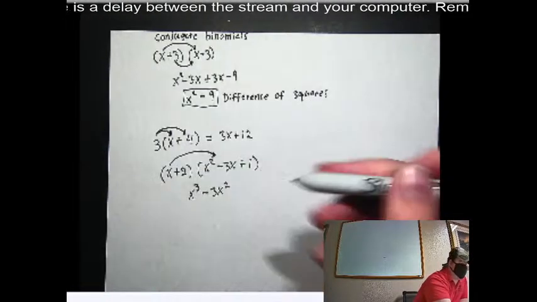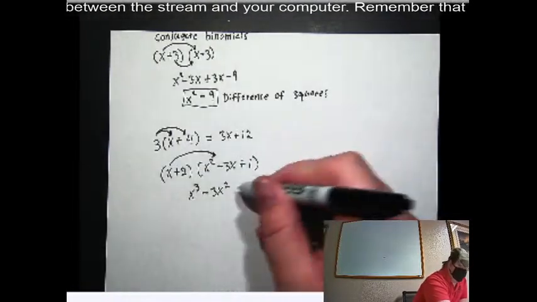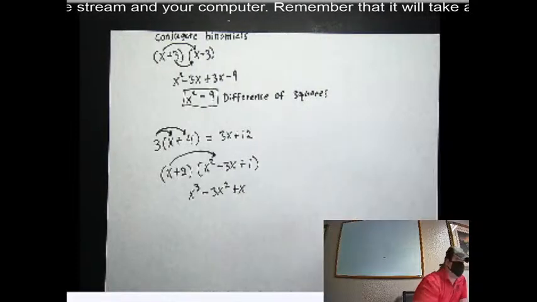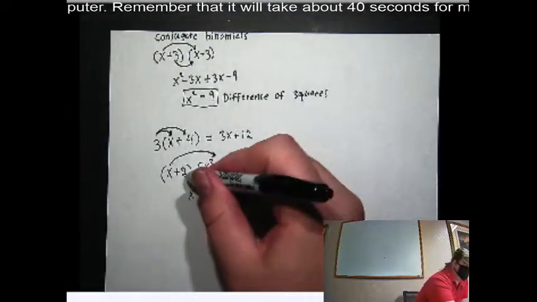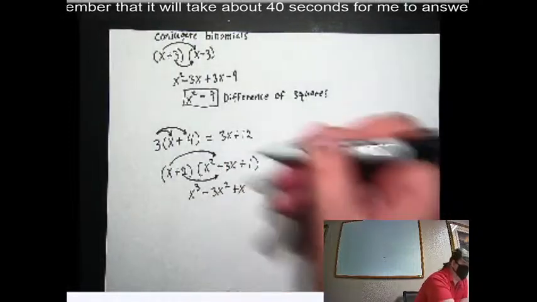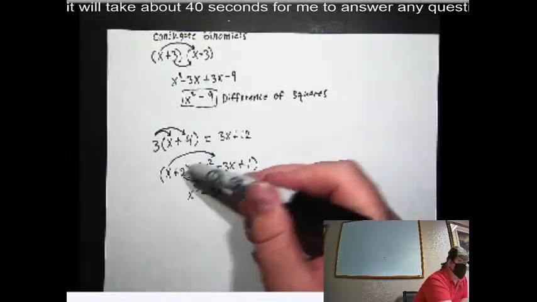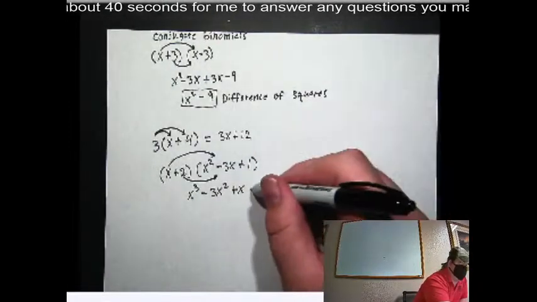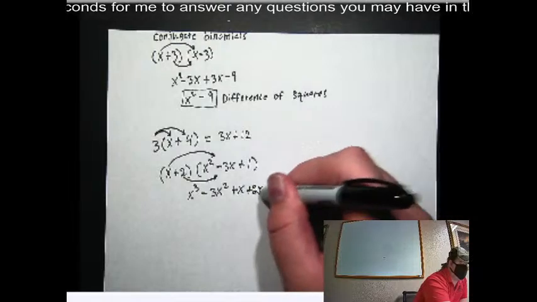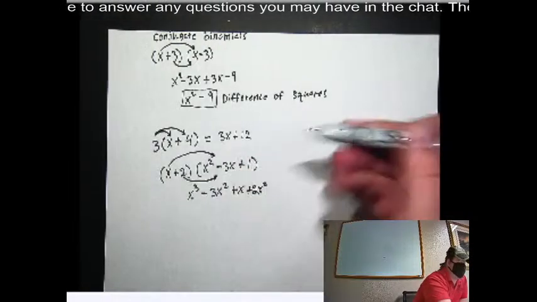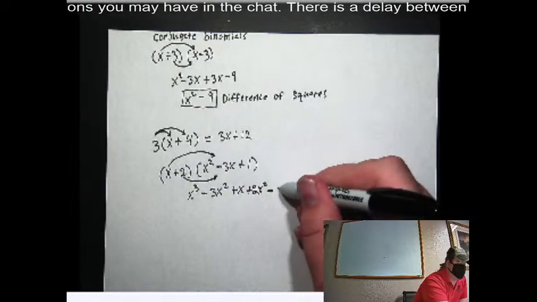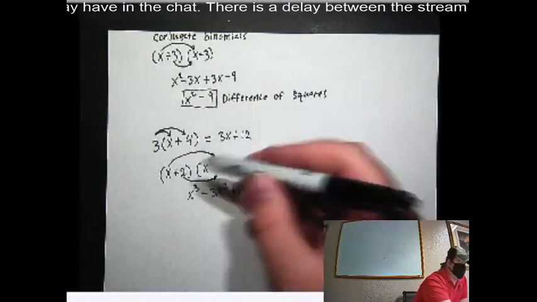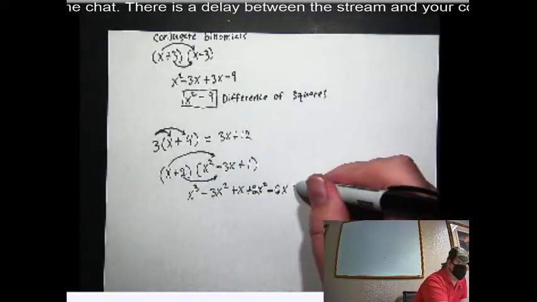All right, and then x times 1. Okay, so we've got the x part done. Now we need to do the 2. So 2 times x squared. 2 times negative 3x, and 2 times 1.